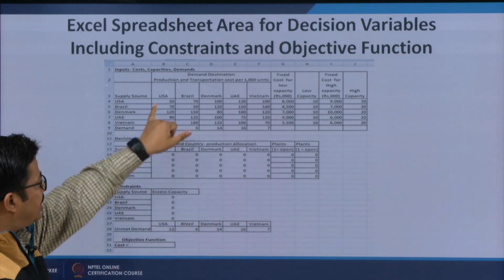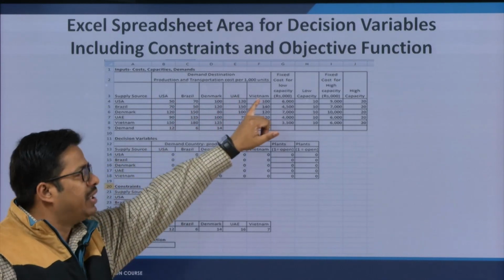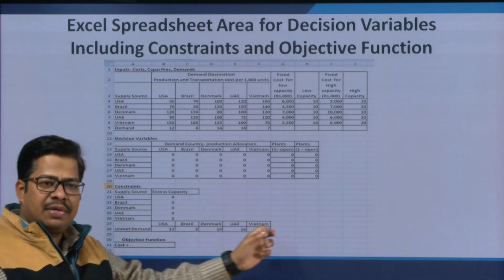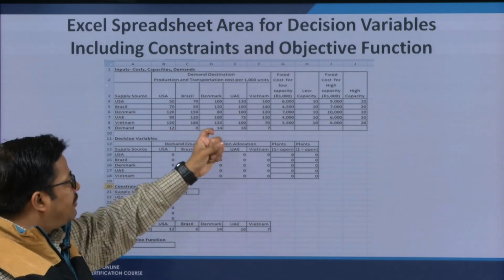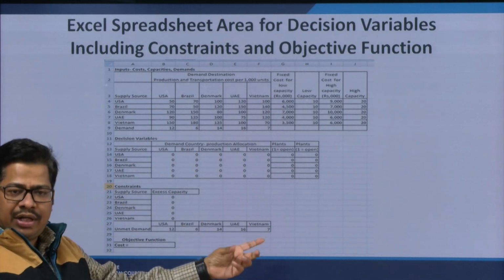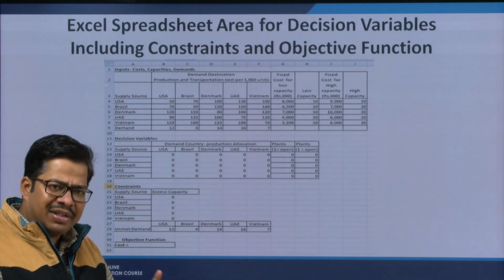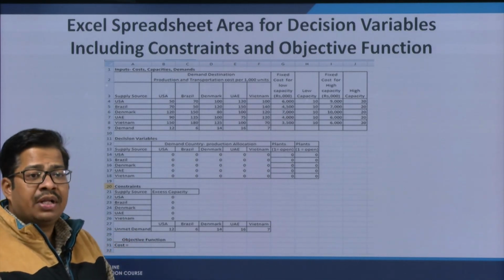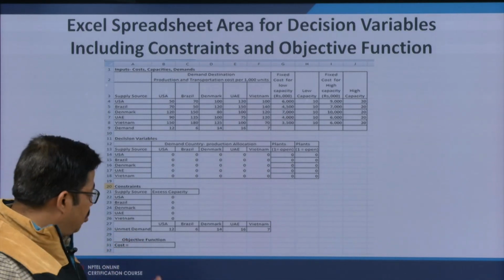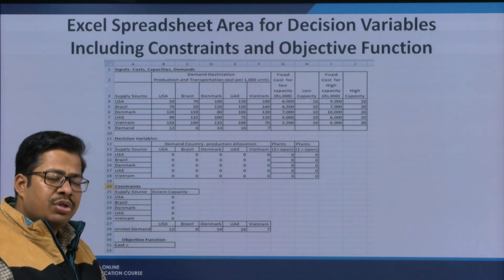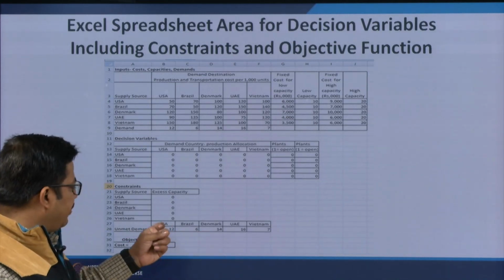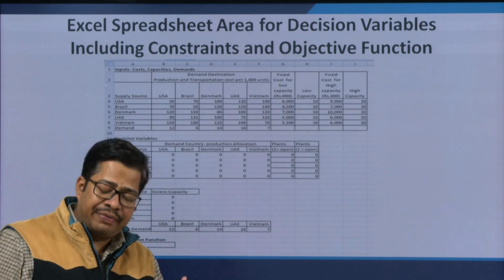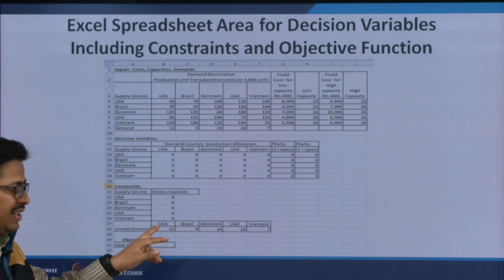My demand destinations are USA, Brazil, Denmark, UAE, Vietnam, and I want to fulfill these demands which are 12, 6, 14, 16, 7 respectively. I cannot supply to each of these destinations more than their demands. So, if the demand of USA is 12, I cannot supply 13 there. I will try to fulfill the complete demand of this center.